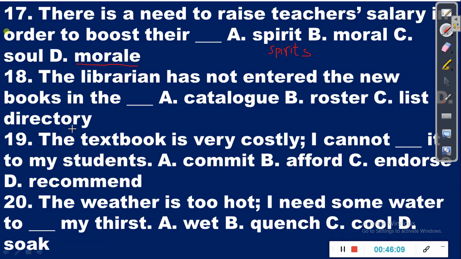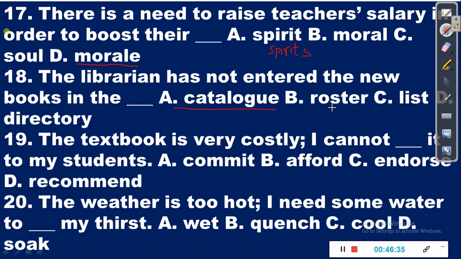It's a list of books that are displayed in a library, which you can actually read or borrow as the case may be. It fits in within the vocabulary of the library.